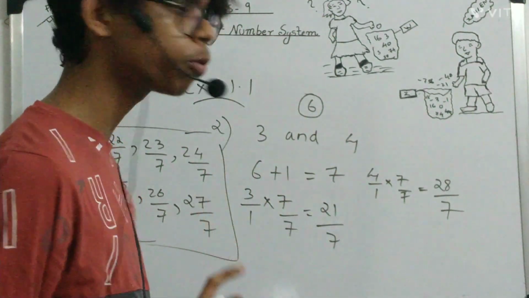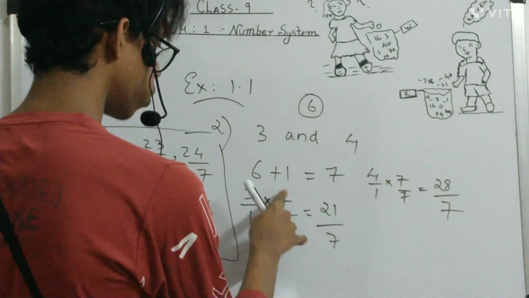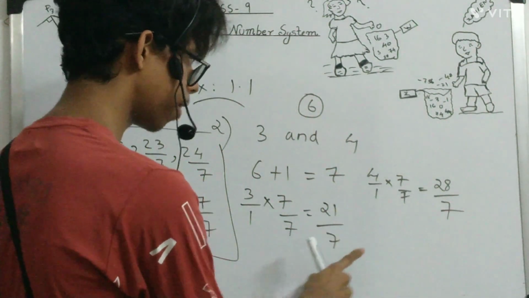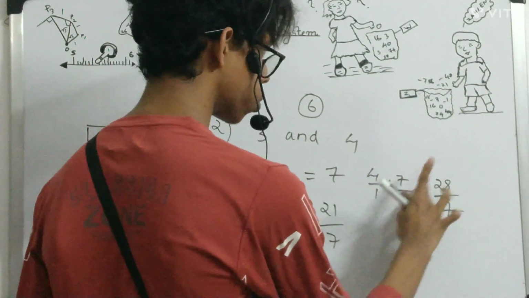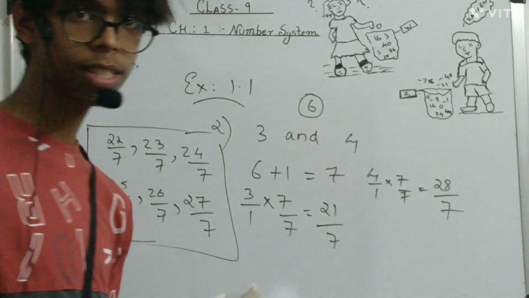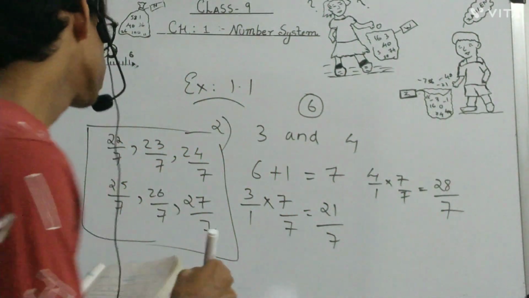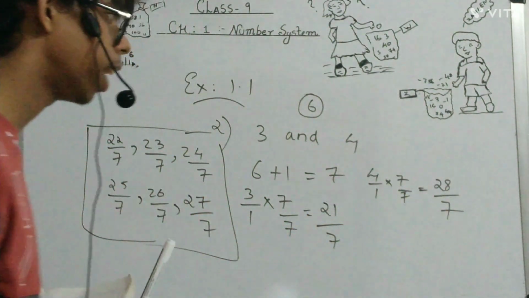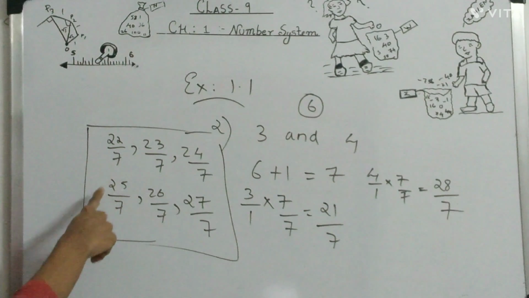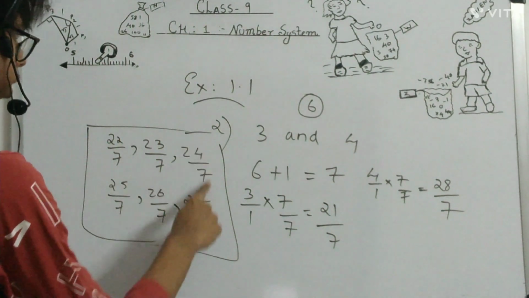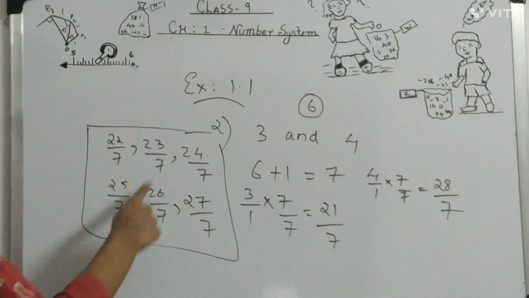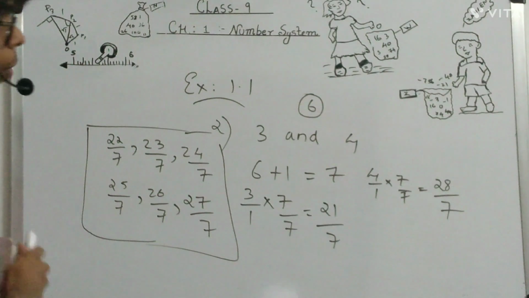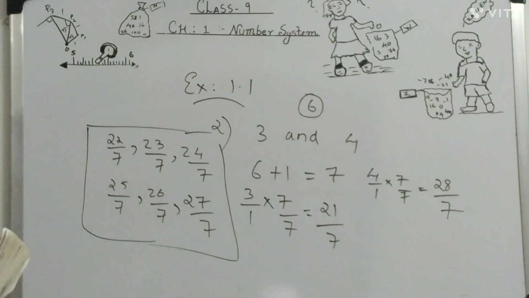So I will get 3 by 1 into 7 by 7, which is 21 by 7. 4 by 1 into 7 by 7, which is 28 by 7, and it is very easy for us to write 6 rational numbers between 21 by 7 and 28 by 7. These are the rational numbers: 22 by 7, 23 by 7, 24 by 7, 25 by 7, 26 by 7 and 27 by 7.